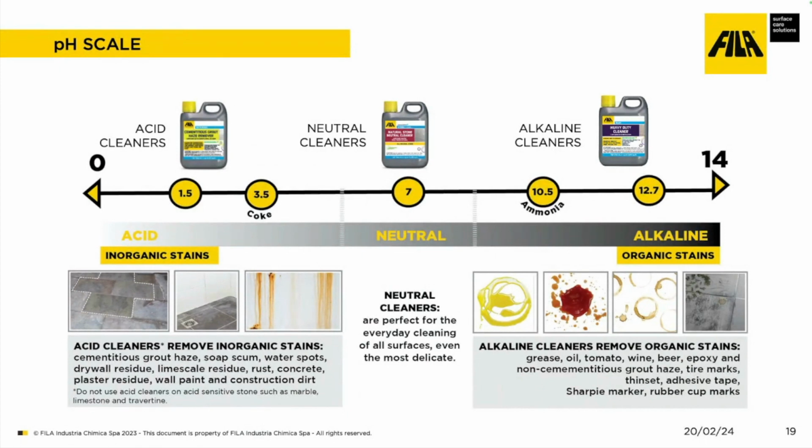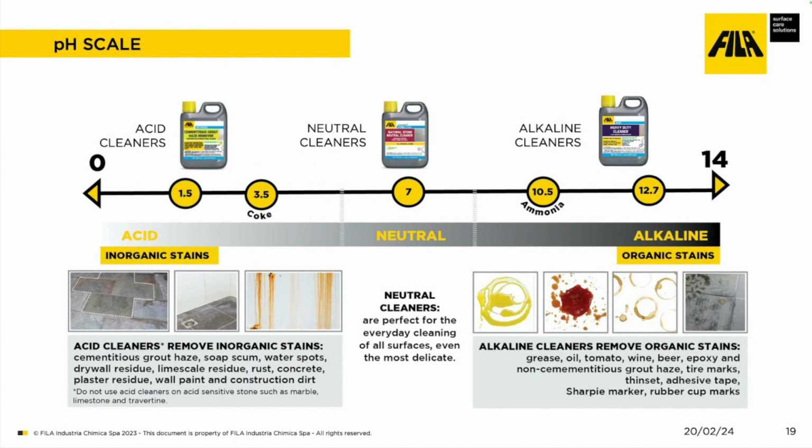For your knowledge, the neutral cleaners are considered more of a light duty type of cleaner, so mainly for maintenance and for very sensitive polished finish natural stones. The acidic cleaners remove inorganic types of stains. Inorganic stains are basically stains related to construction. The color here is basically whitish or grayish, anything related to construction, brown haze, obviously, lime scales, and so forth.